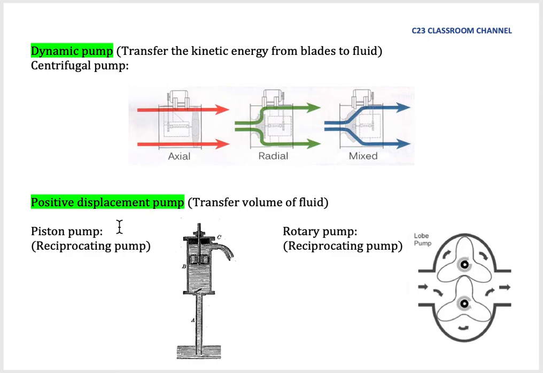And this is the example for positive displacement, meaning we transfer the volume of fluid. The simple example for a positive displacement pump is the piston pump like this. I think you could imagine if we have a piston pump like this. When we move this piston upward, it will suck water from the bottom into this compartment.